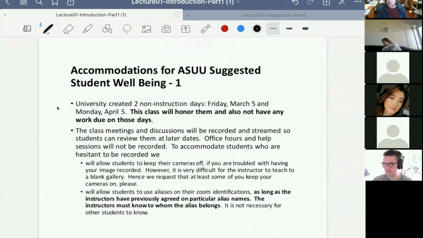You can send it as a private note to me or to the instructors in general, and we will agree on an alias. I have to know to whom the alias belongs, and it has to be a reasonable alias, not a cutesy name, so that when it's displayed, it's not a problem.